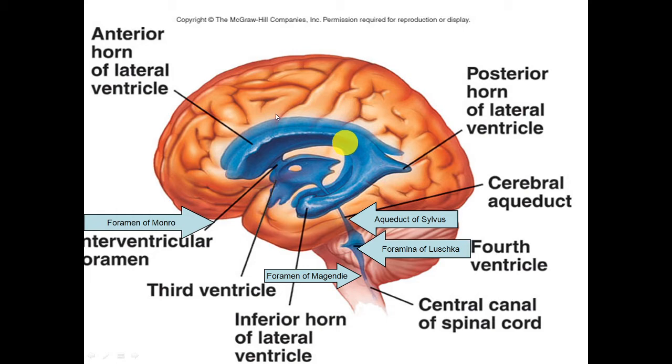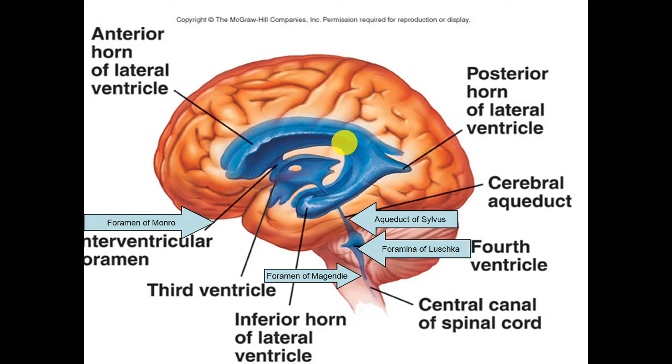You just don't see them on the diagrams. Now, in Dr. West's video, she will show you a model of the ventricles, and you will see little pink structures on the model. Those pink structures are all the choroid plexuses. So that kind of takes care of our ventricles.